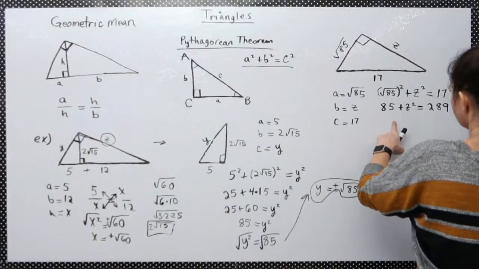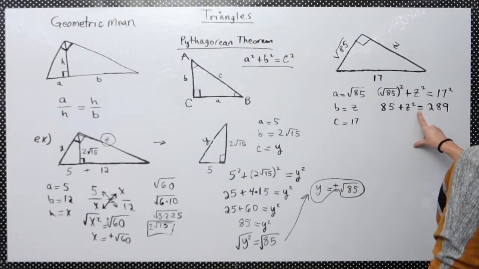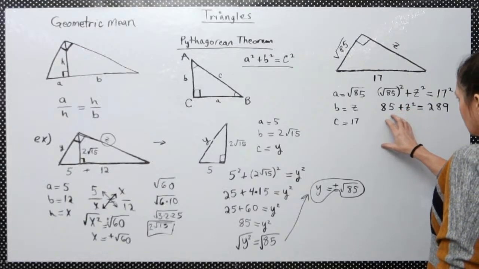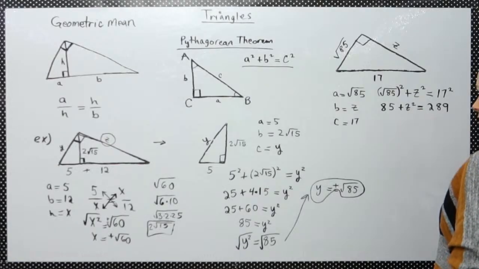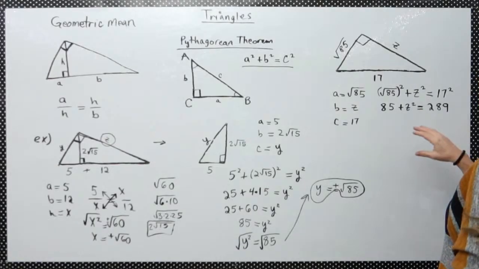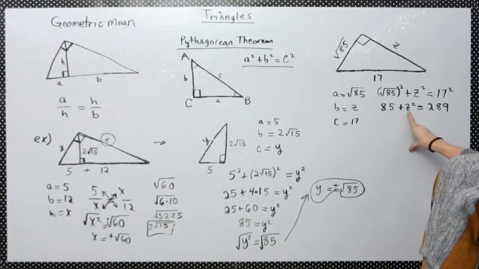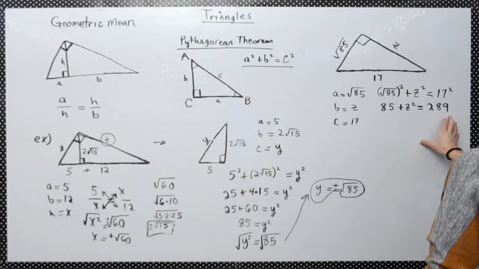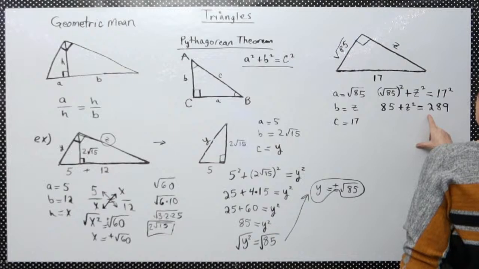You just have to make sure that you're obeying the equal sign. So you have to do unto one side what you do to the other, the exact same operation. So what I want to do is isolate Z. I want Z by itself on one side of the equal sign, and everything else on the other side, in as few steps as possible.